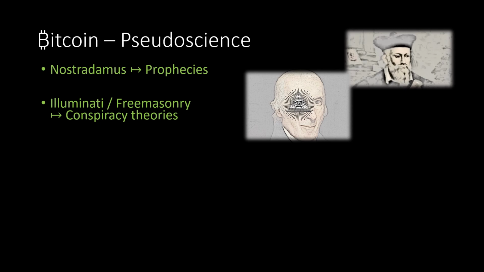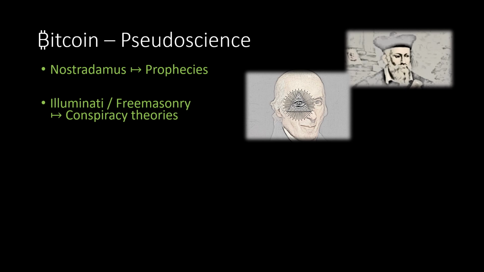There are these famous Illuminati, you have Freemasonry, which are based on conspiracy theories. Even though, for example, the Illuminati have been forbidden and there's no factual trace of them still existing, there are very vivid theories around them still circulating.